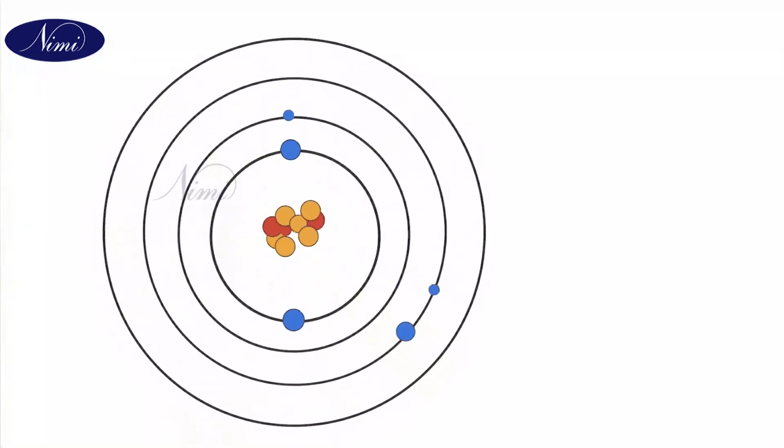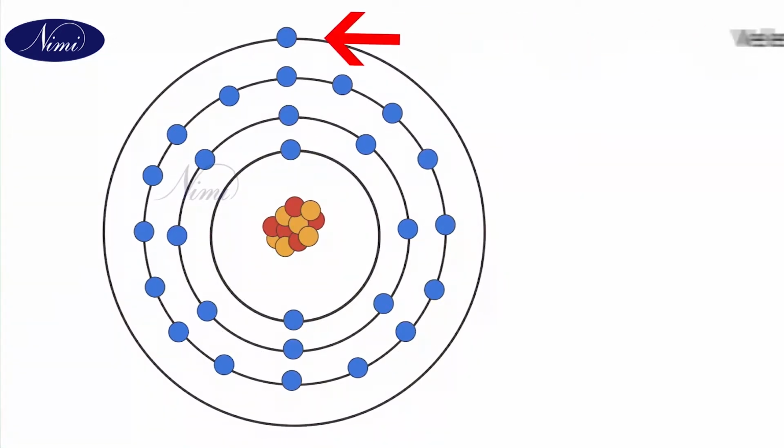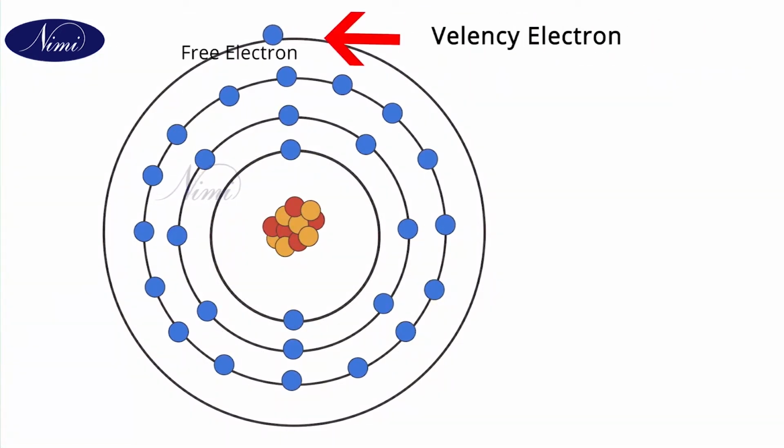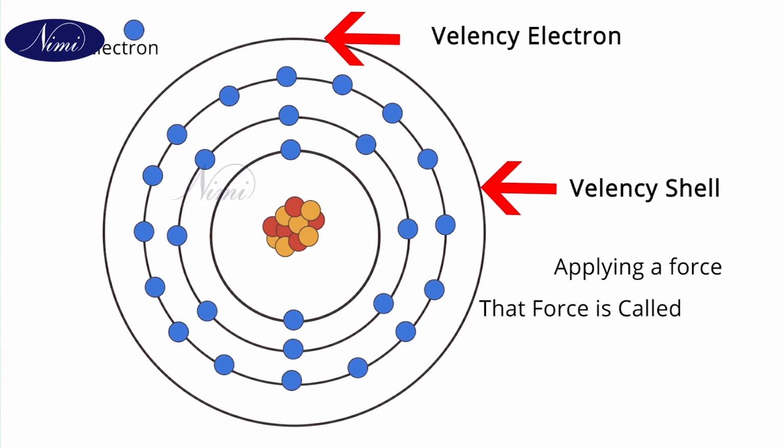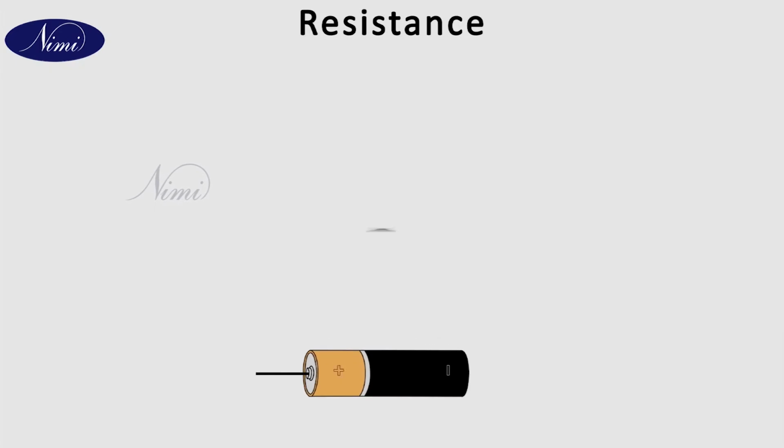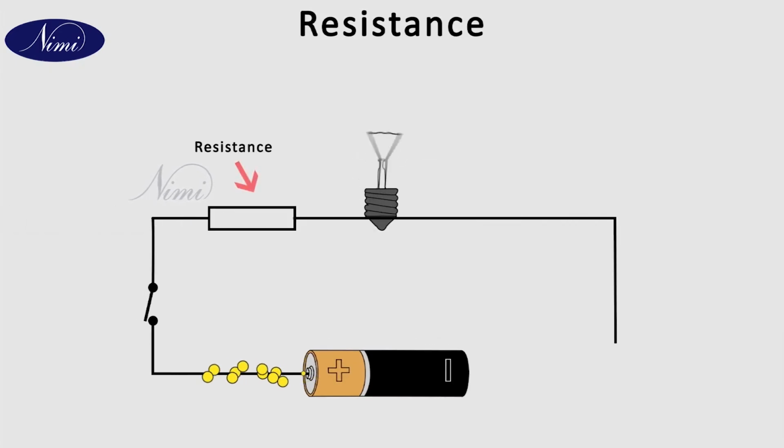The electron in the outermost shell, that is, the valency electron, becomes a free electron when it is removed from the valency shell to pass through the circuit by applying a force. That force is called voltage or EMF. Now, let us understand resistance.